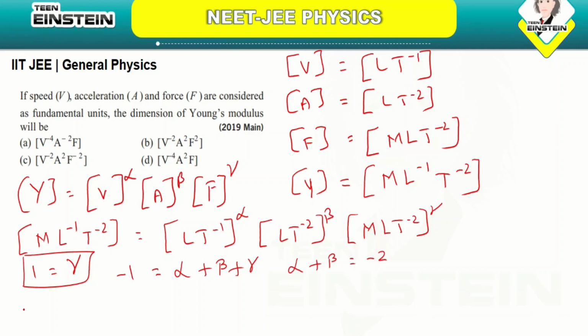So t is minus 2 is equal to minus alpha minus 2 beta minus 2 gamma. Gamma is equal to 1, so minus 2 and minus 2 will get cancelled with each other, and you will be having alpha is equal to 2 beta.